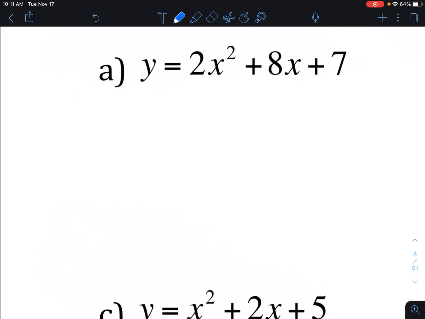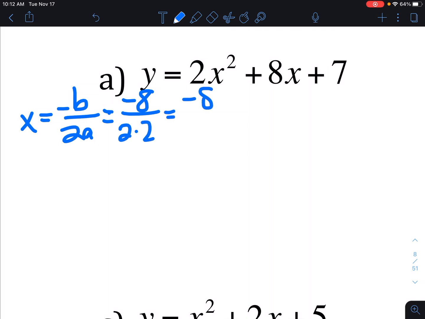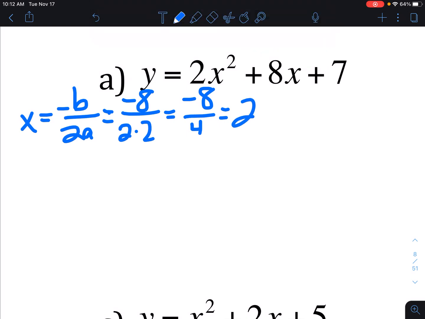we're going to do x equals negative b over 2 times a. So multiply on the bottom and then divide. And then we need to figure out the y.